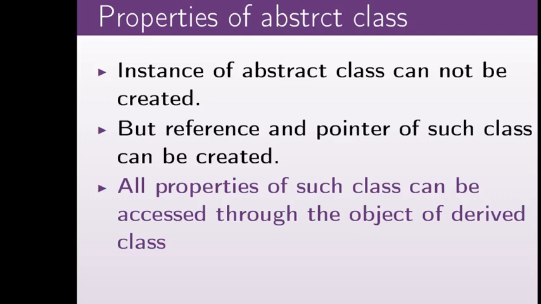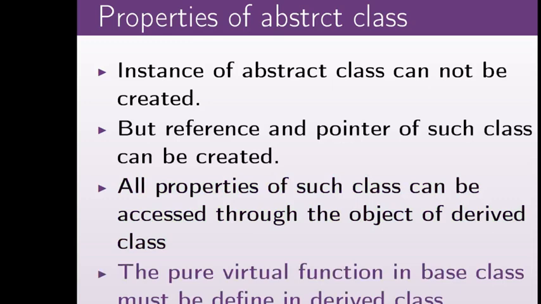Obviously, because if you do this, a base class pointer is pointing to the derived class object, and through that object we access all that property. Though we are not able to create an object of an abstract class, we can access properties of the abstract class with the help of the derived class, because there is a relation between base class and derived class.